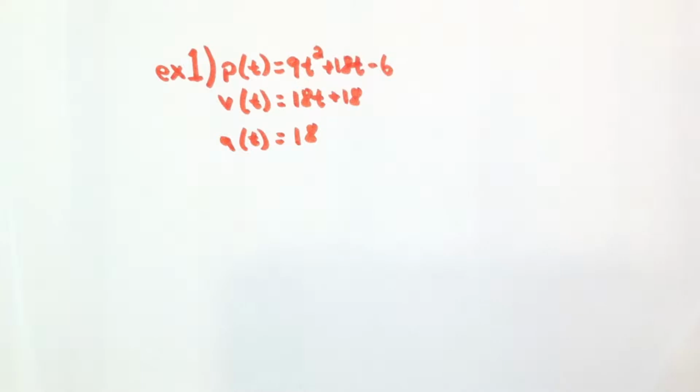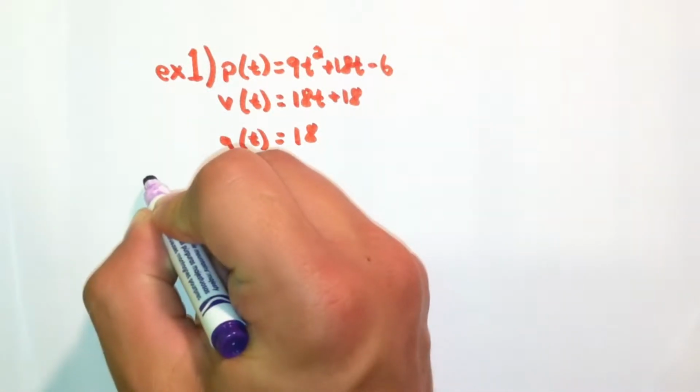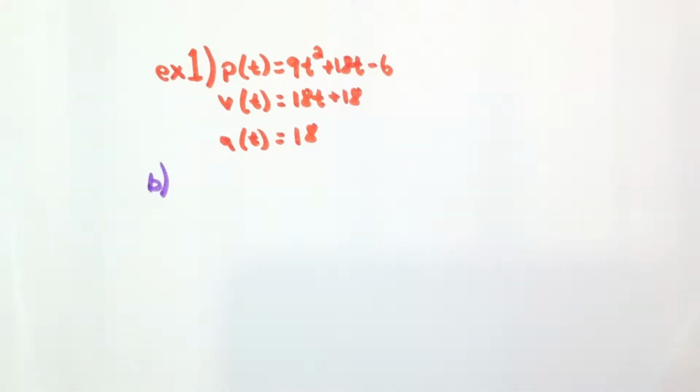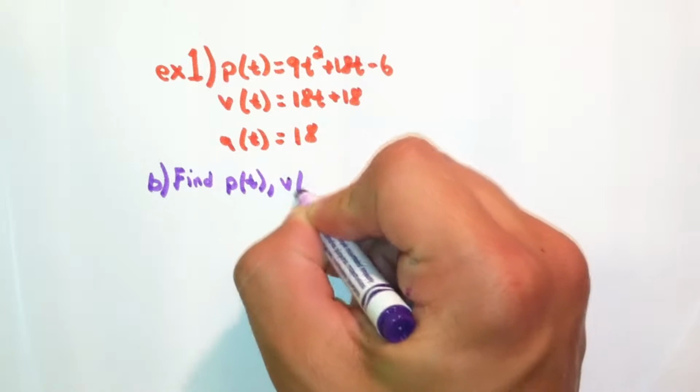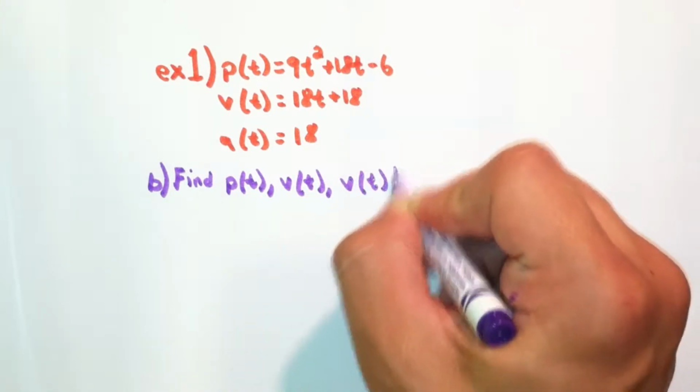Now that we have our position, velocity, and acceleration formulas, we can continue to part B. Part B asks us to find the position, velocity, speed, and acceleration at time equals 1.